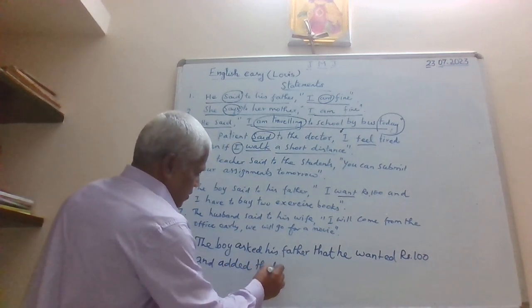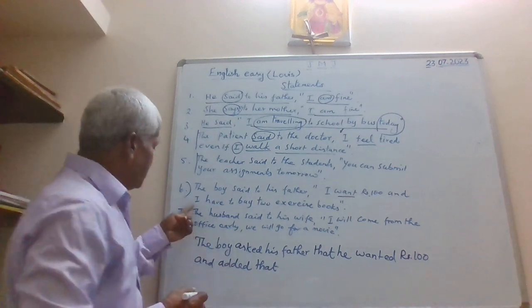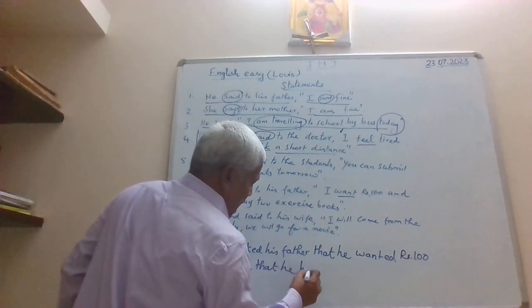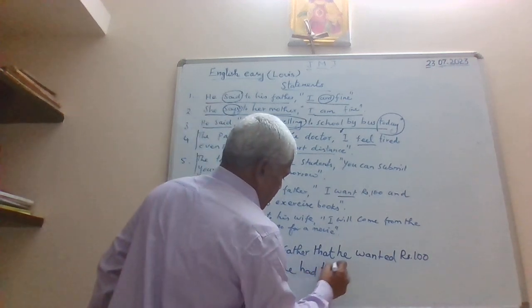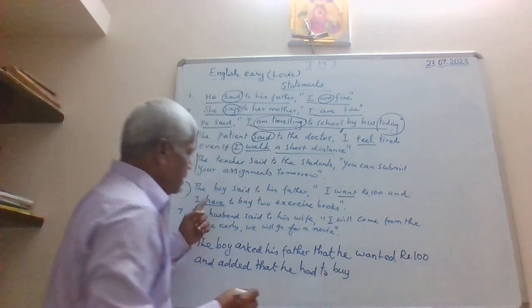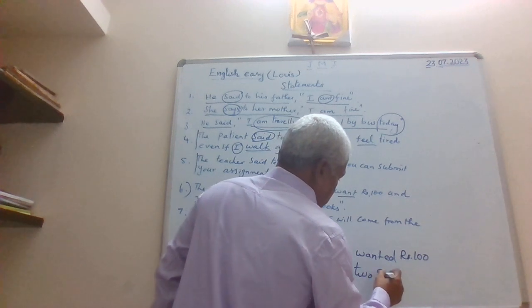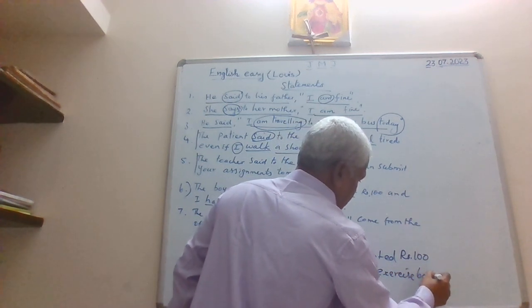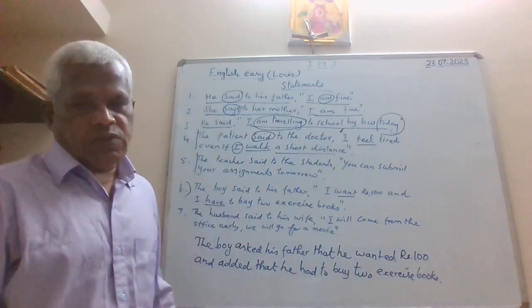that. So this conjunction is added to this sentence here. And added that he, have becomes had. See, he had to buy 2 exercise books.